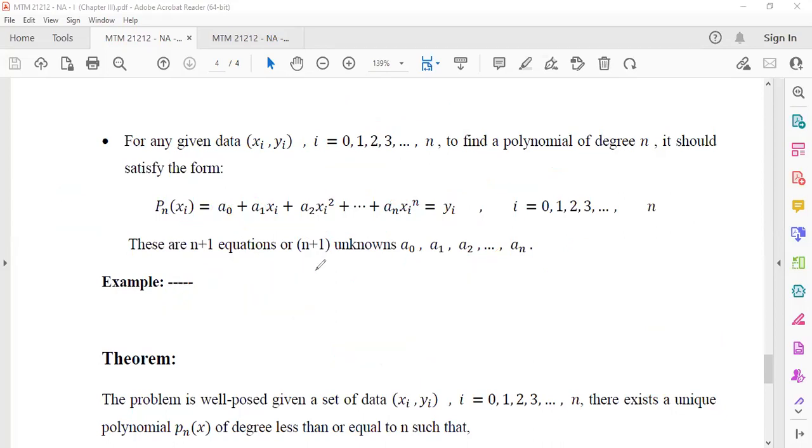So please write down this and I will give you one example.